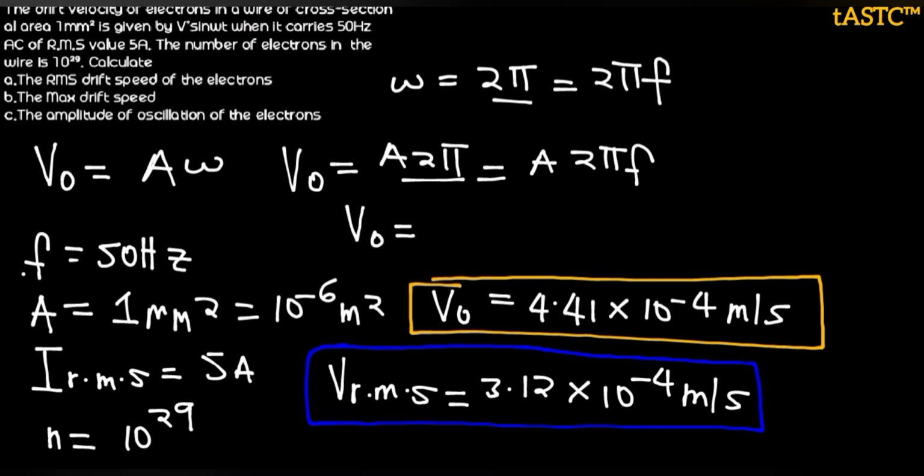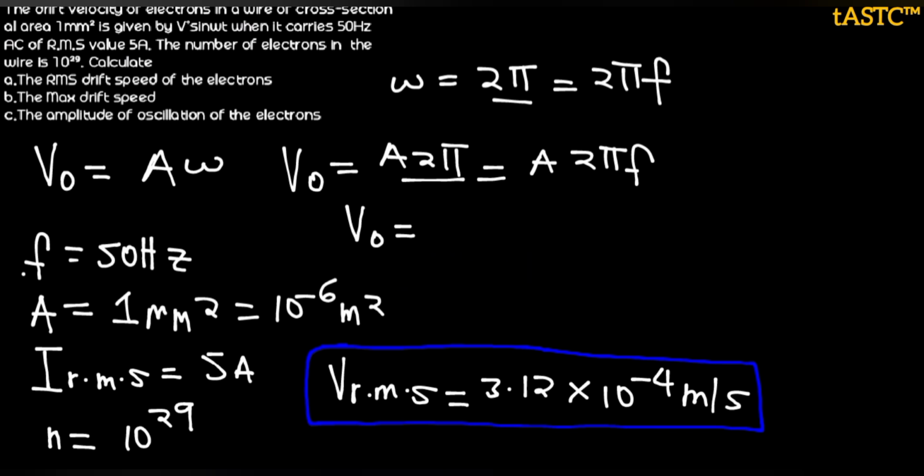So V naught is going to be A multiplied by this. Now we need to find the amplitude, so I basically need to take these out. So A will be equal to V naught divided by 2 pi f.